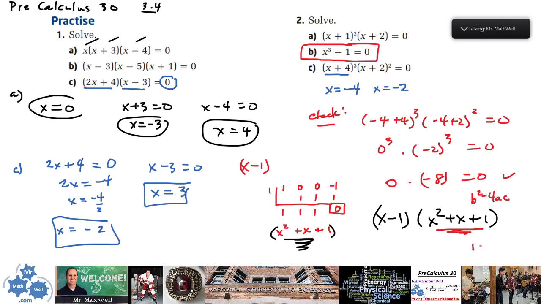That's going to be 1 minus 4 times 1 times 1, which is 1 minus 4 or -3. That means there's no zeros here. So the only intercepts or the only solutions are going to come at x equals +1. There's no solution that's attached to this factor. Okay, so for 2b, your only answer is x equals 1.